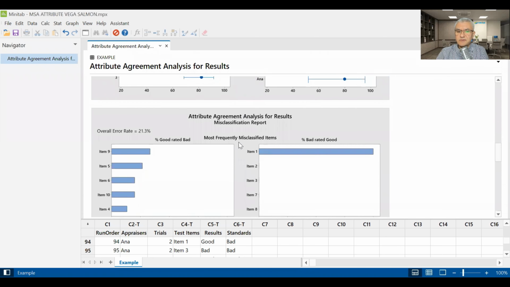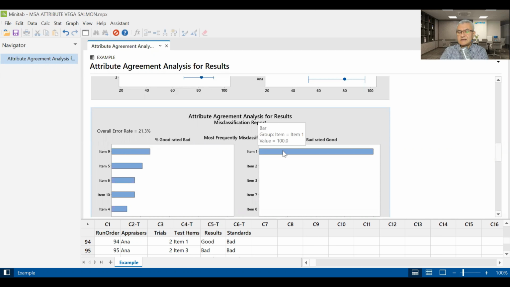There is another interesting graph here. Most frequently misclassified items. So we have here item number 9. It was good, but it was rated bad in 33% of measurements. That means item 9 is really borderline. And maybe you should use these types of portions to train the people. Those portions that created the problems. And we have bad rated good, item number 1.